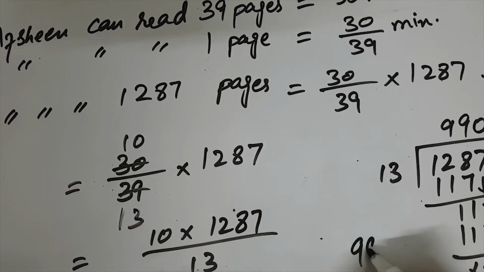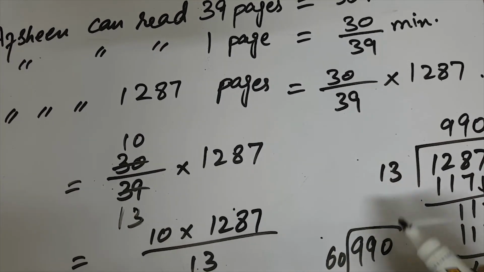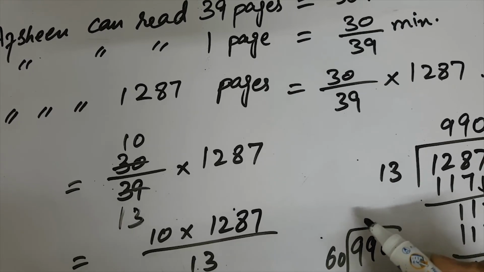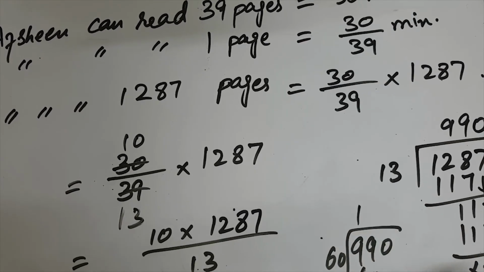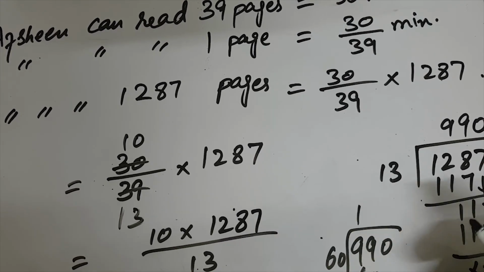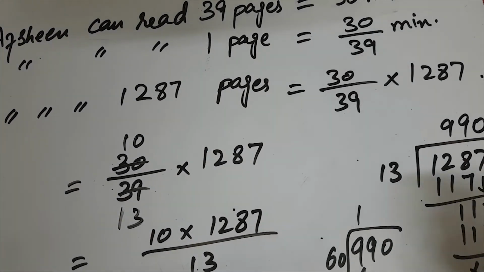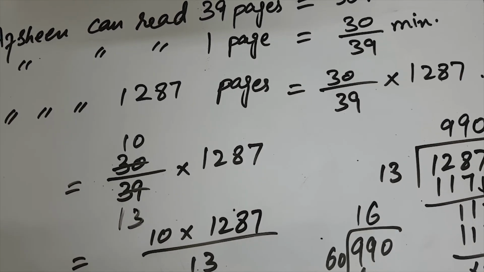So do the division of 990 upon 60, because 1 hour has 60 minutes. 60 1s are 60, 9, 3, so 6 9s are 360, 0 and 3.